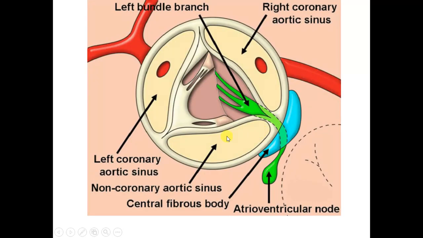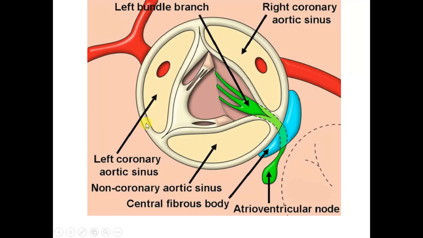Here again we see a view from above, a coronal section, you can say. Here is the left coronary aortic sinus giving origin to the left coronary artery. On the right side is the right coronary aortic sinus giving rise to the right coronary artery, and posteriorly is the non-coronary aortic sinus.